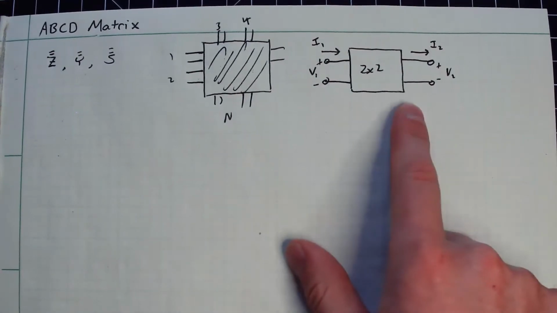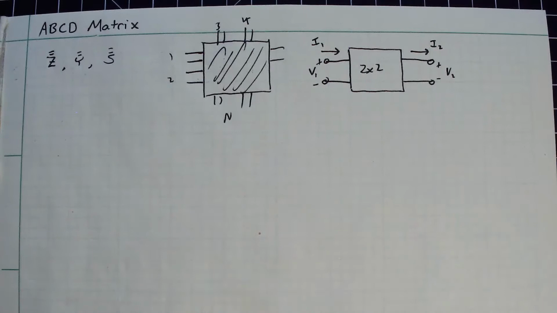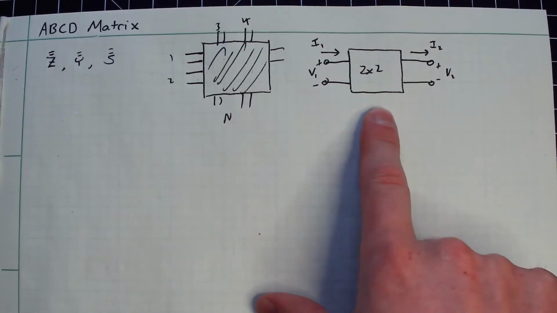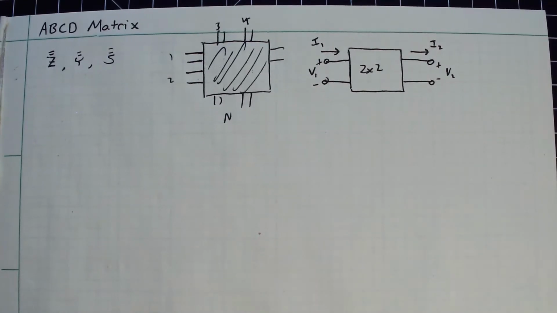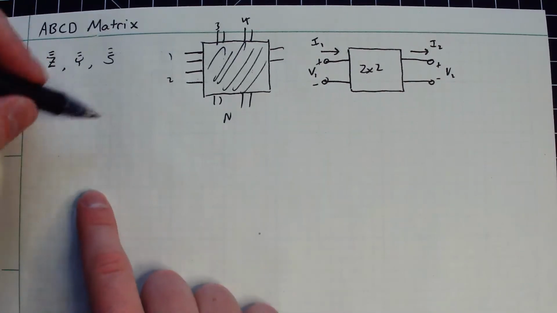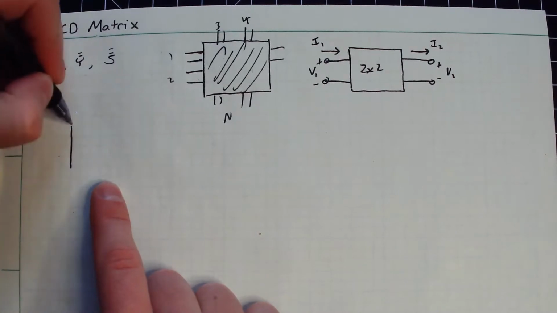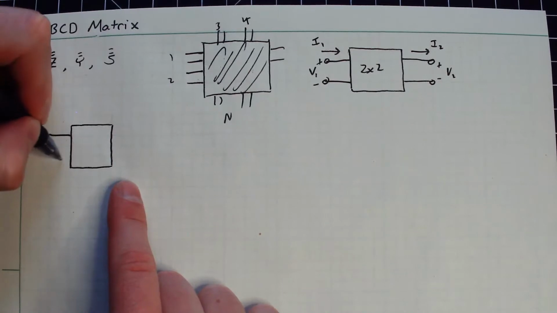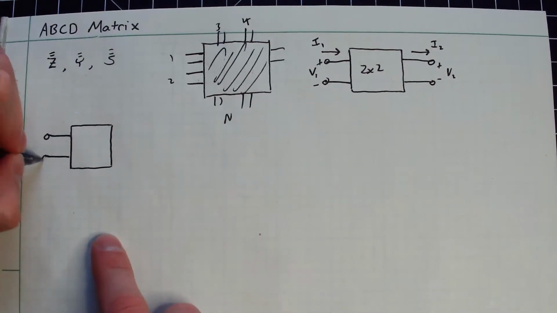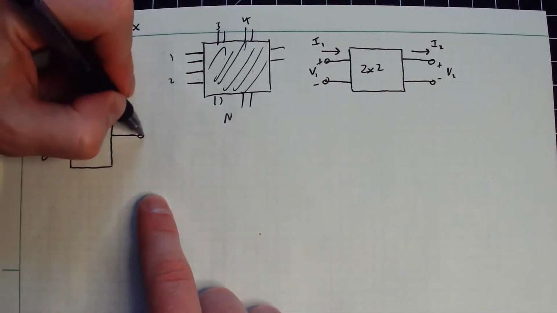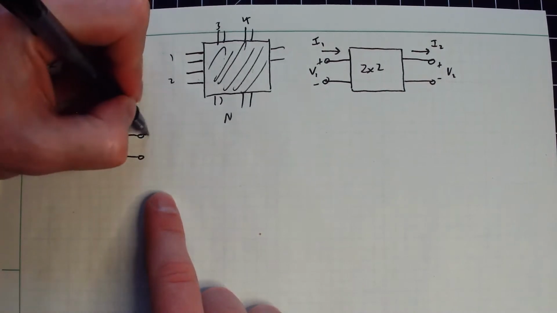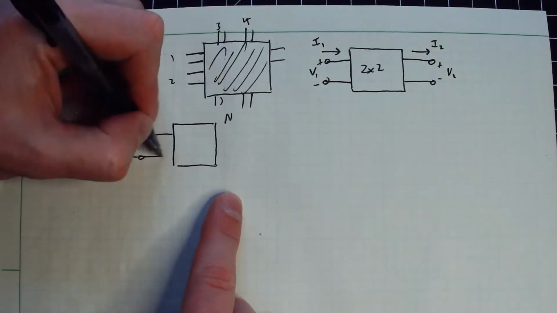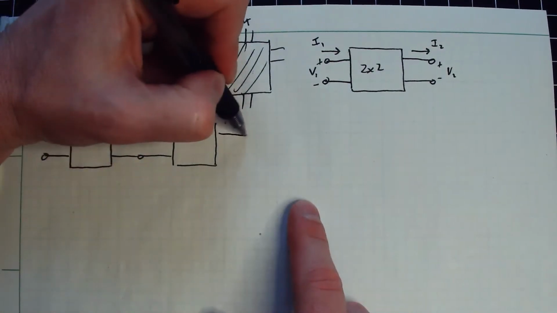And the reason why 2x2s are interesting is because oftentimes complex microwave circuits don't come in the form of these n by n's, but rather a cascade of these particular black boxes, right? So a far more practical, common system, if you want to speak of n port microwave networks, you would really be seeing something that looks like the following, where one is feeding into the other like this.